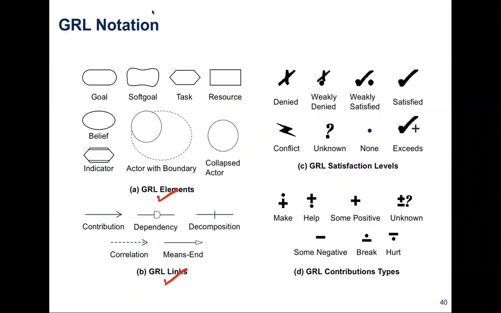So in summarization, we have the GRL notation for the GRL elements, the GRL links, and even the satisfaction level. The objective of building a goal model is to prioritize the goals, visualize the goals, and understand which goals should be satisfied, which goals can be satisfied, which goals can be fully satisfied, which goals can be denied, which goals can be weakly denied, which goals can be weakly satisfied, and which goals might cause a conflict.